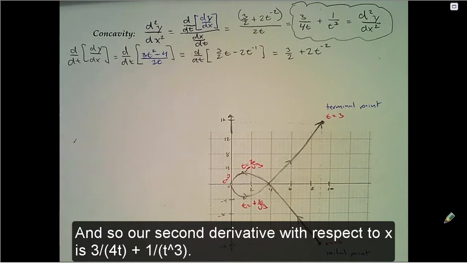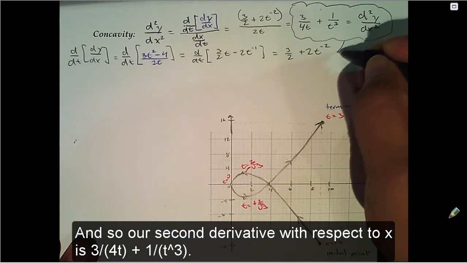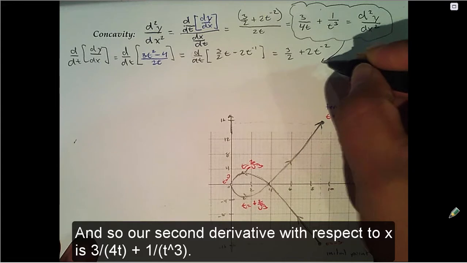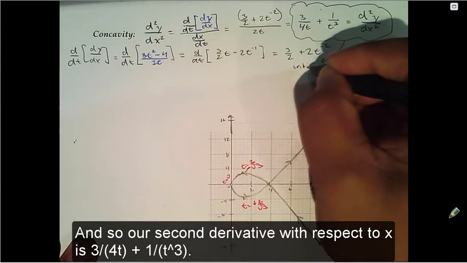And so our second derivative with respect to x is 3 over 4t plus 1 over t cubed.